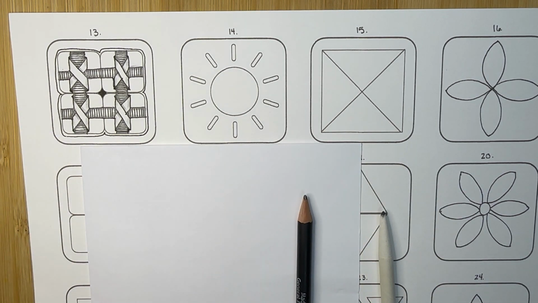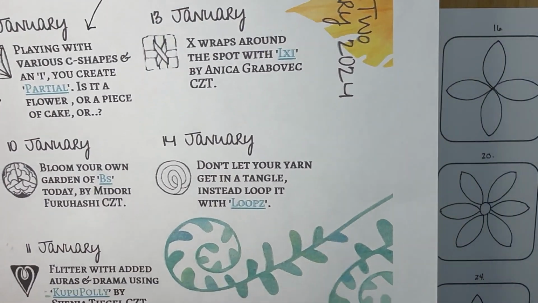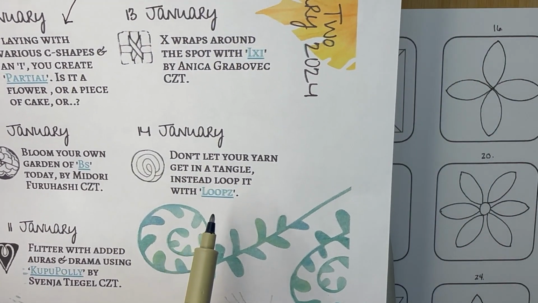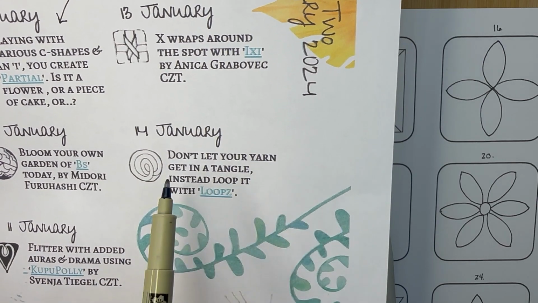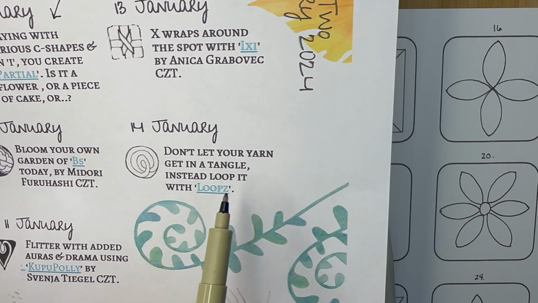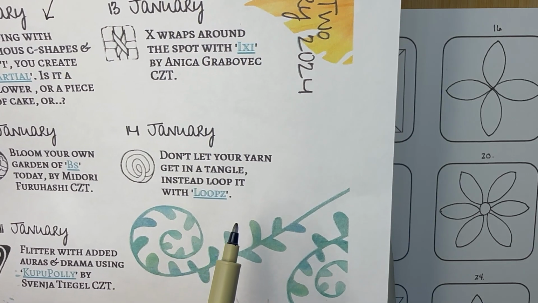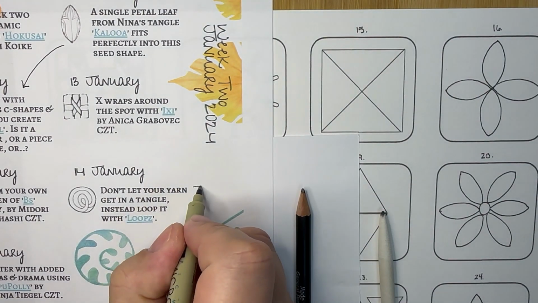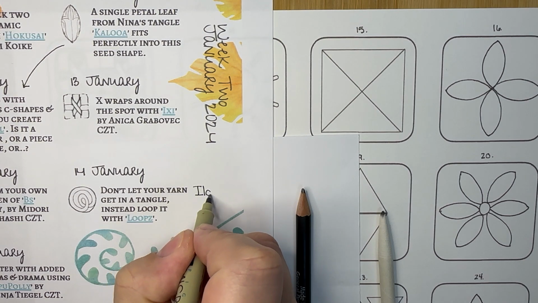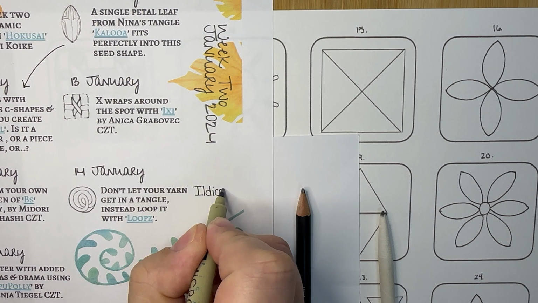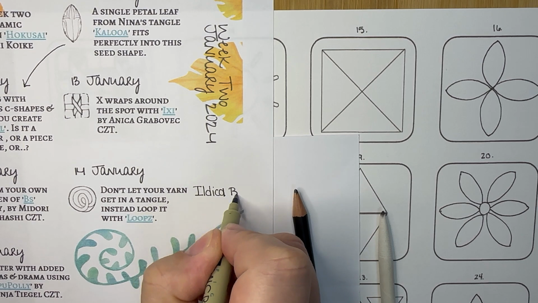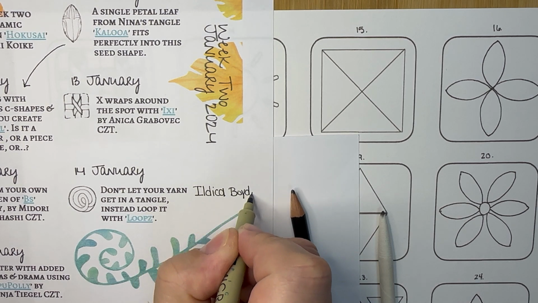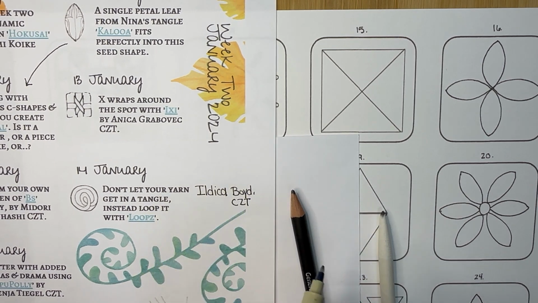Okay, so let's look. This one is called Loopz. Don't let your yarn get in a tangle. Instead, loop it with Loopz. And this was created, let me write her name here. I don't know how to pronounce this. She is a CZT.